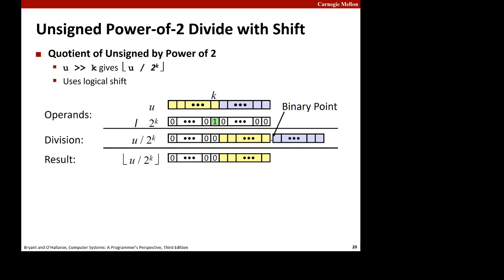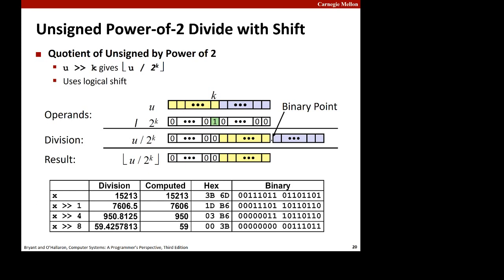Just to illustrate that with some examples, if I take the number 15,213 and divide that by 2, I'd get a fractional number, 7606.5. But I want to round towards 0 in this case. So if I just drop off that 0.5, I'll get 7606, which is what I want.